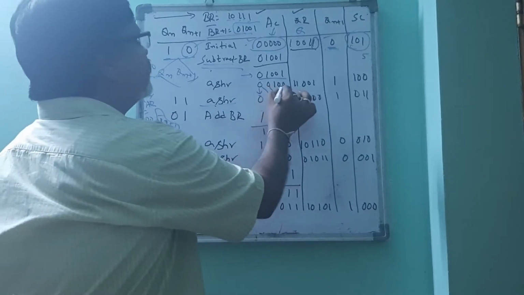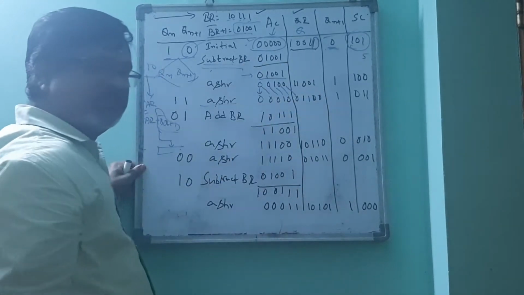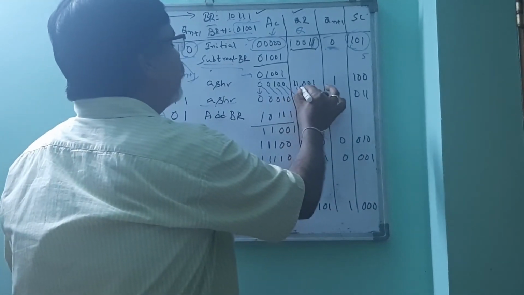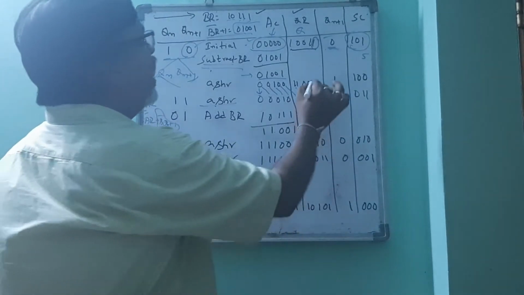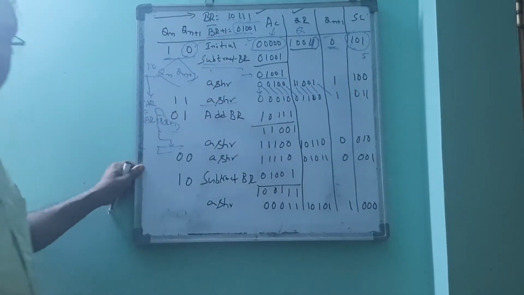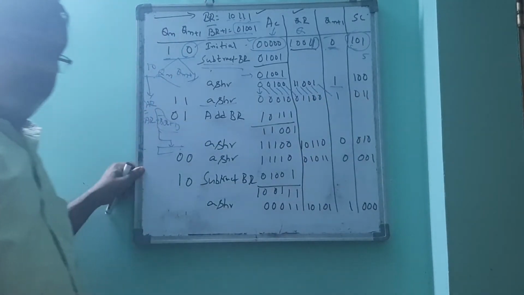The least significant bit of A is moved into the position of the most significant bit of Q, and this one is moved to Qn plus 1, which I have already written over there.